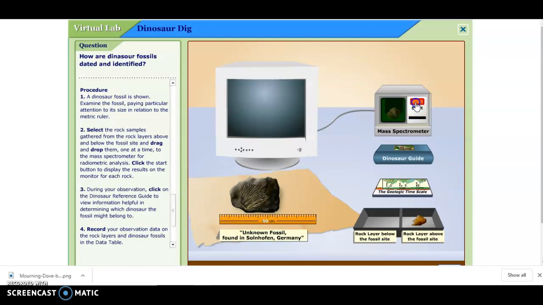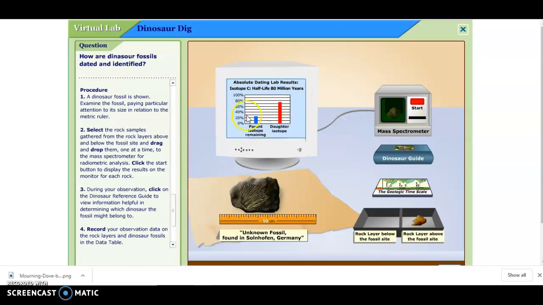So when we click the start button, it tells us that for the isotope C, which has a half-life of 80 million years, there is about 25% of that left. And the daughter isotope, which is what the isotope decays into, is up to about 75%.